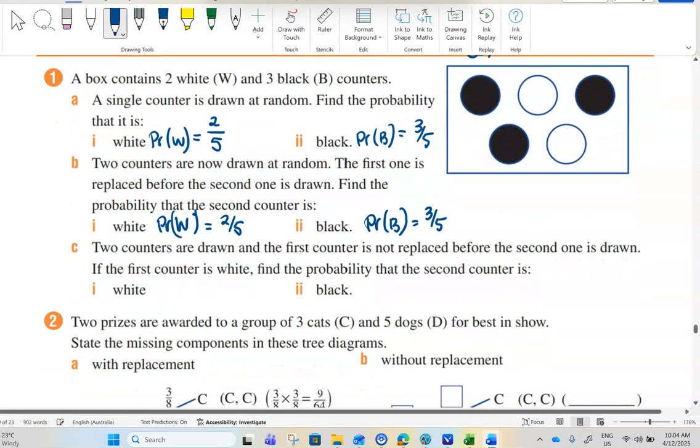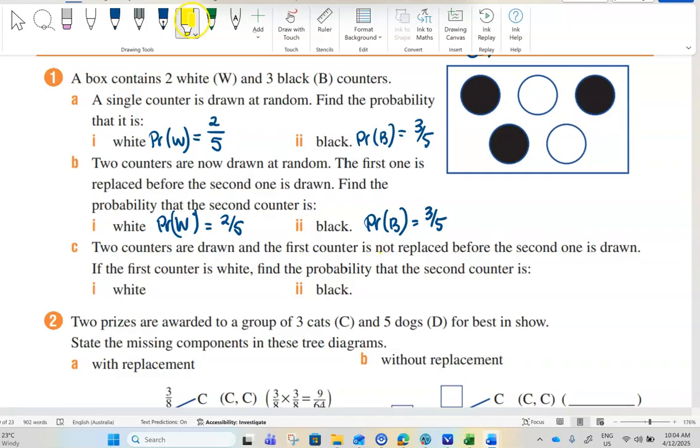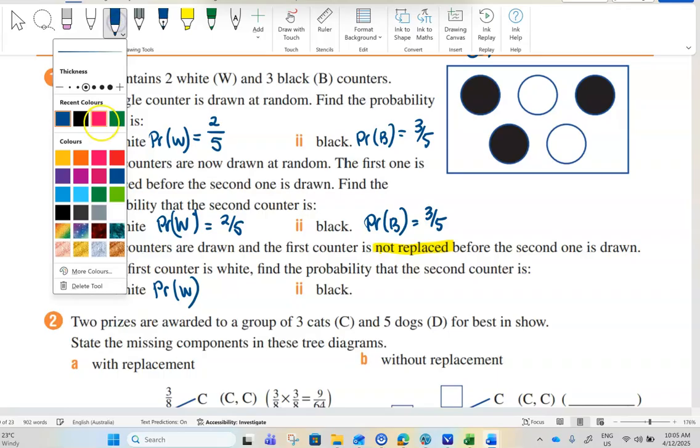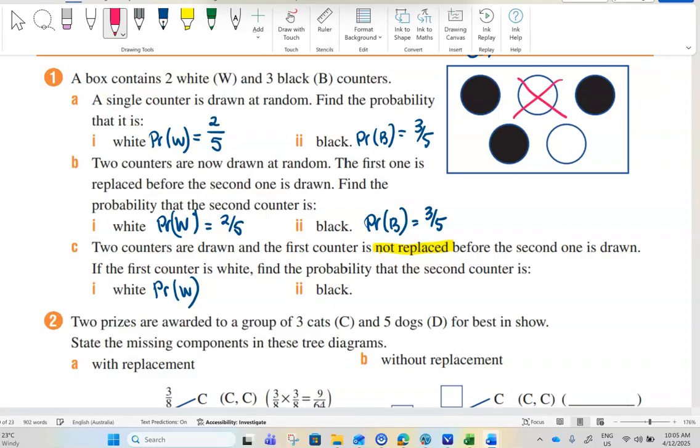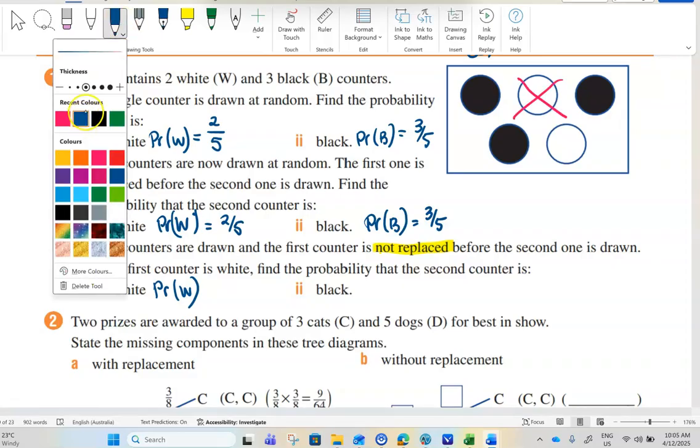Okay, so 2 counters are drawn. The first counter is not replaced. So this is different. We've got to be careful with this. They're not replacing it. So the second one is drawn. If the first counter is white, what's the probability that the second one will be white? So if you think about it, we took a counter out. This one was white and it's not in the mix now.